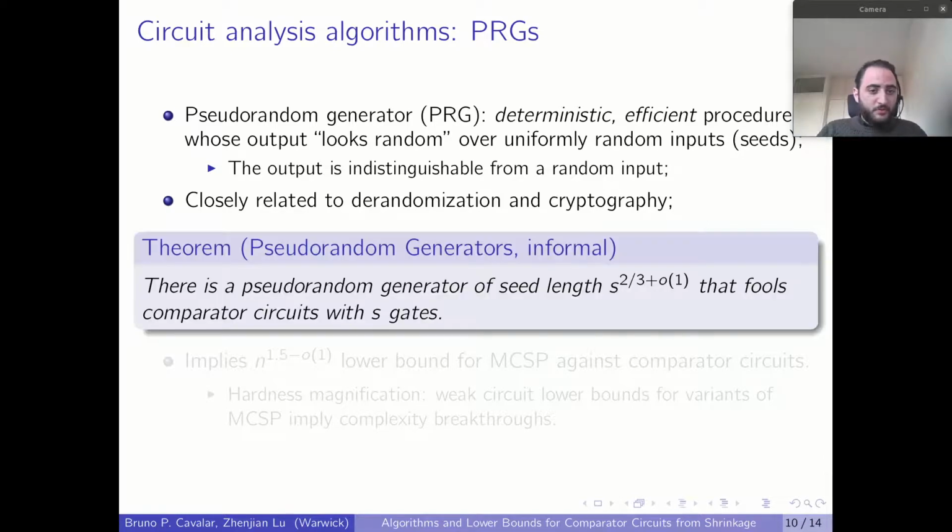Our theorem shows that there is a pseudo-random generator of seed length s^(2/3) that fools comparator circuits with s gates. Basically, if the comparator circuit has size at most n^1.5, then there's a pseudo-random generator that fools this comparator circuit.